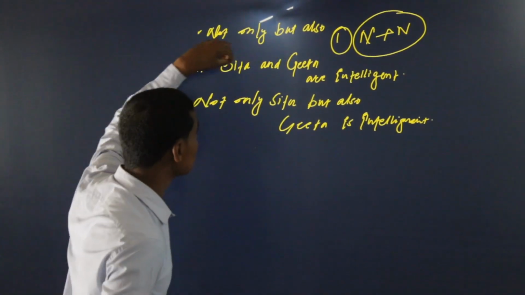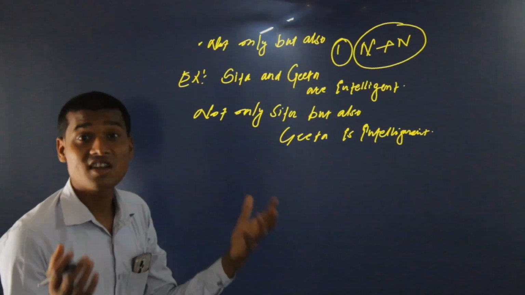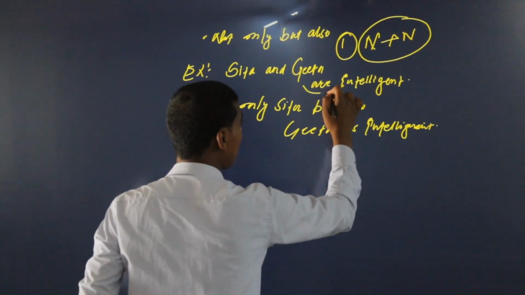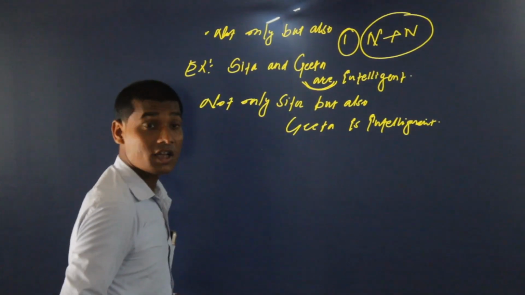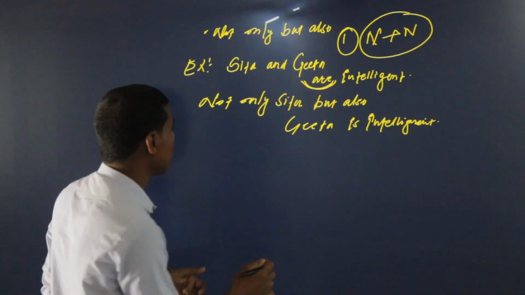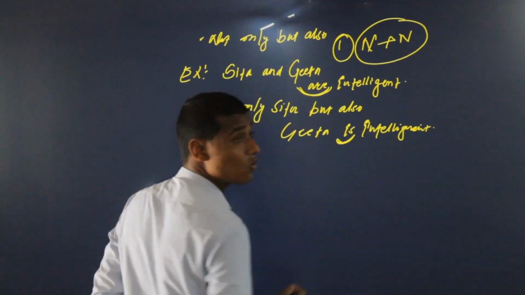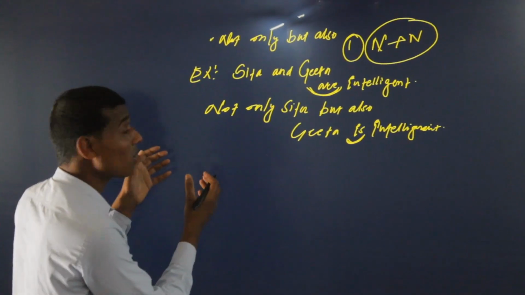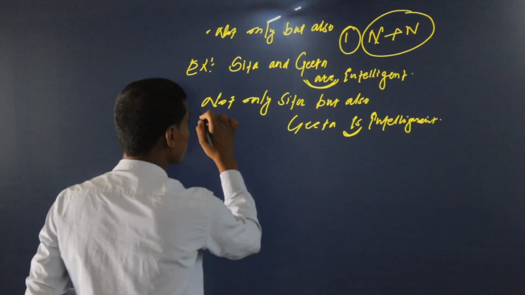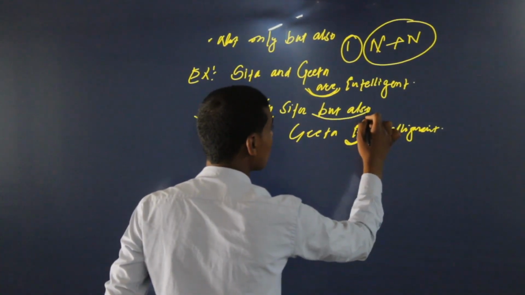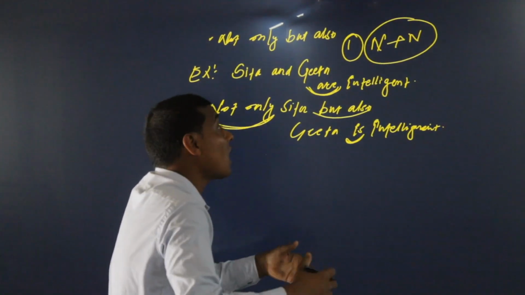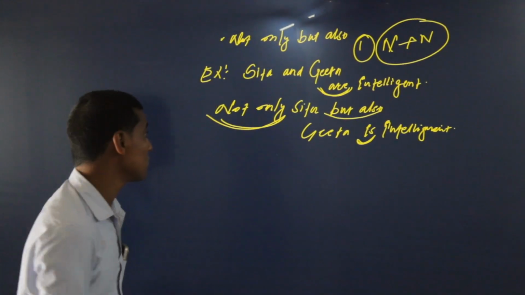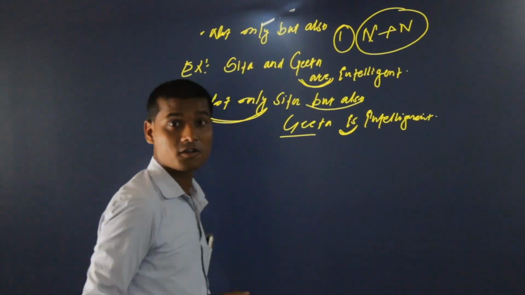So we have two subjects over here, and according to the syntax chapter, like the subject and verb agreement chapter, we have used are in the original sentence, and in the same context, we have used is over here because this is a rule. There is a rule in subject verb agreement that when we have two sorts of connectors together, we take the other one as the subject, like Gita is intelligent.